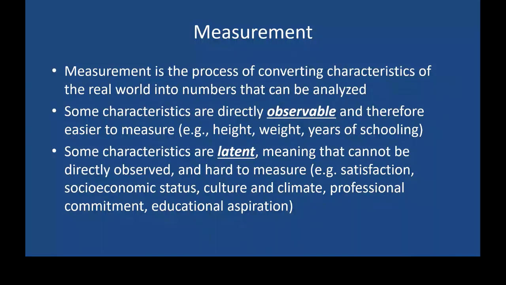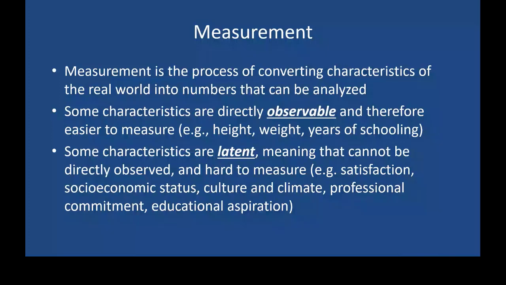You can observe that because you can take a yardstick or a ruler or a tape measure and go up to a bunch of people and measure, using whatever scale, whether it's inches or centimeters. And with years of schooling you can just count up, right? If they're in 3rd grade and they started in kindergarten, this is their 4th year of schooling. This is what I mean by something being directly observable, and these things are comparatively pretty easy to count or to get data on.